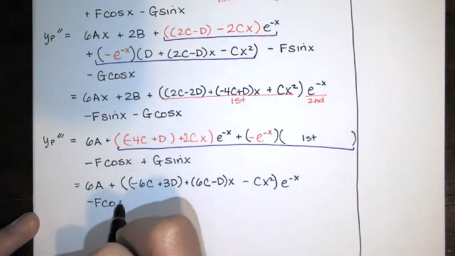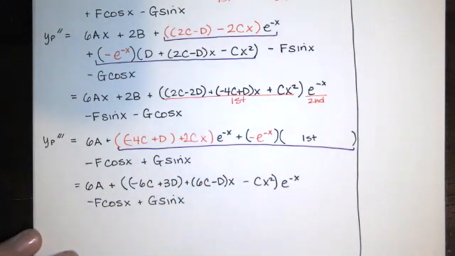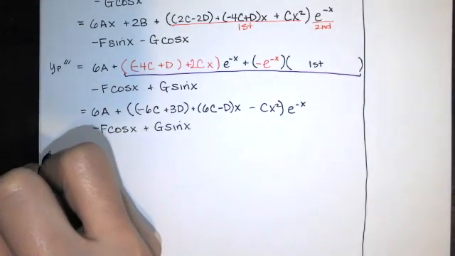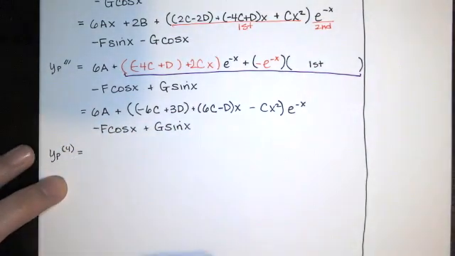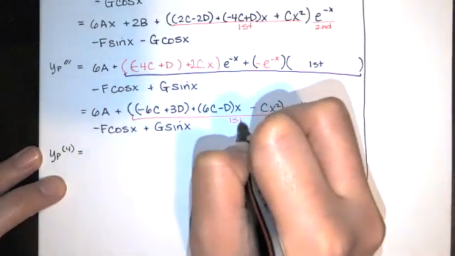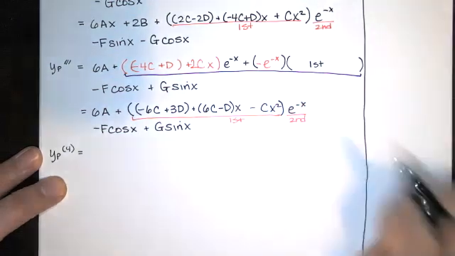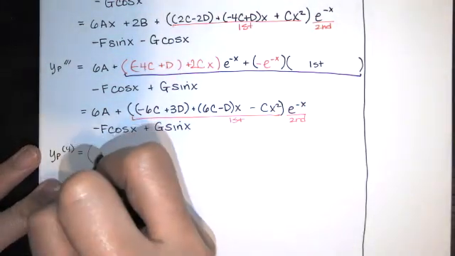Plus this function, not changing them at all. Fourth derivative. Derivative of that constant is 0. Here I need the product rule. There's my first function and there's my second function. According to the product rule we get derivative of the first.